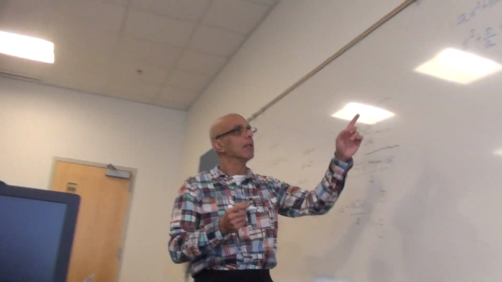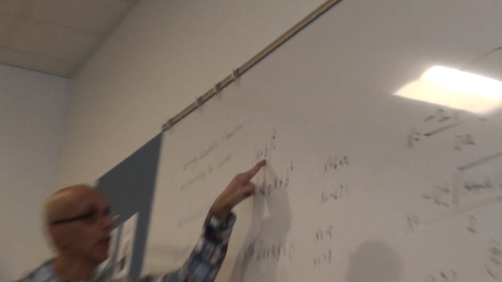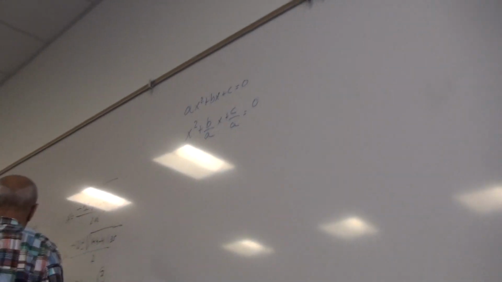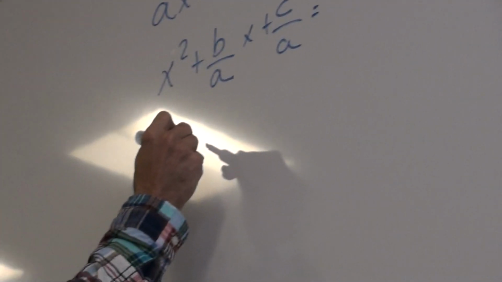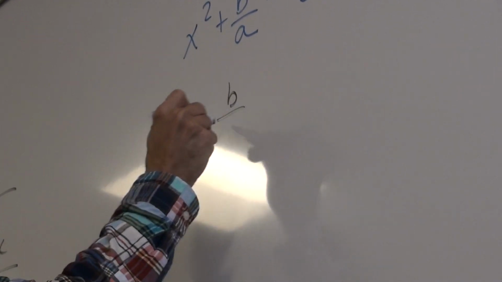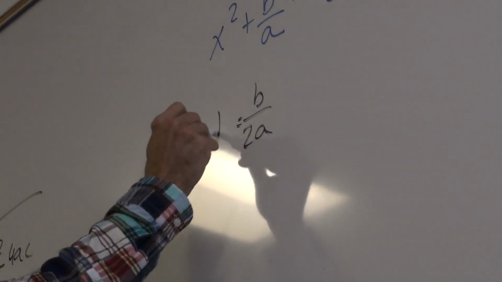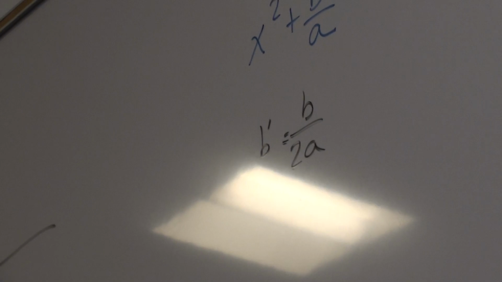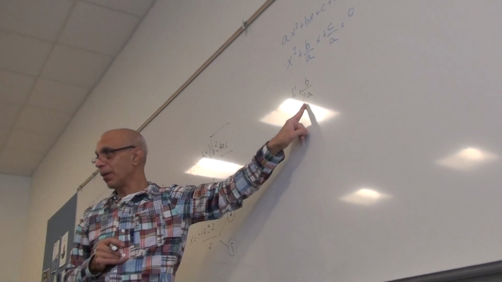So this b here, this number that goes here, is this thing here divided by 2. So this divided by 2 is going to be what? So it's going to be b over 2a, right? This is my b line. Let's call this b line, okay? My b line is this divided by 2, okay?